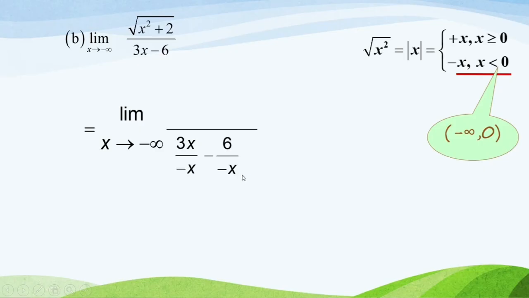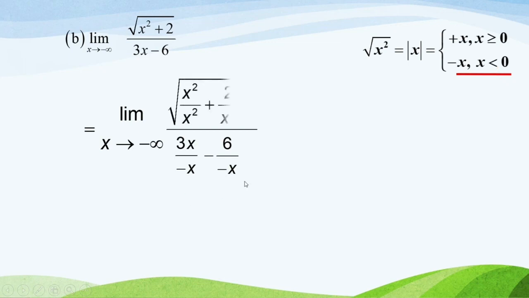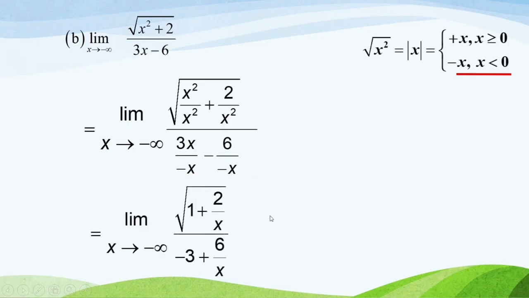For the numerator, we can divide by the square root of x squared. And when we simplify, we get the square root of 1 plus 2 over x squared over negative 3 plus 6 over x.